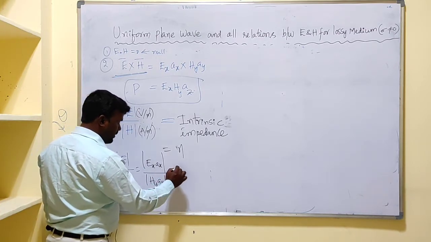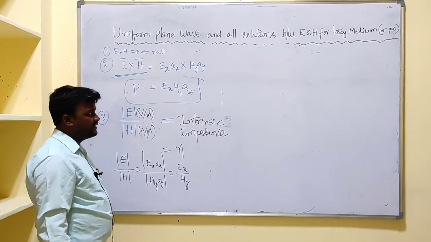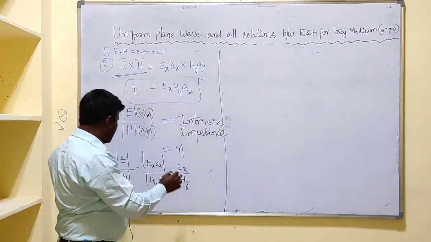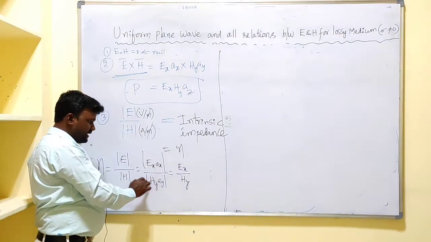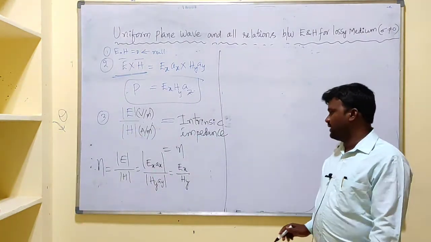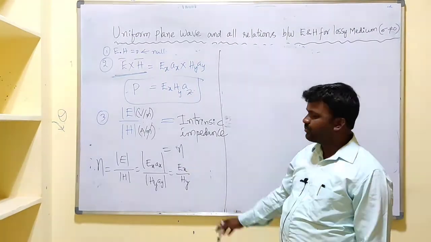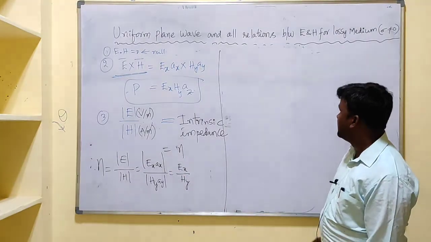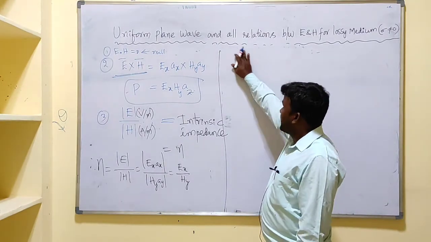As we require only the magnitude, neta equals mod Ex Ax by mod Hy Ay, which is Ex by Hy. We need to find this ratio. Intrinsic impedance is defined as the ratio of the magnitude of electric field intensity to the magnitude of magnetic field intensity. Now we can find this by considering Maxwell's equations.